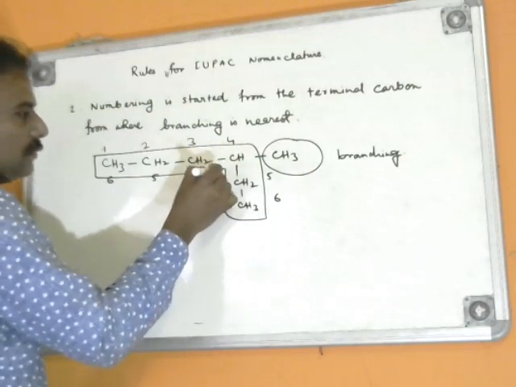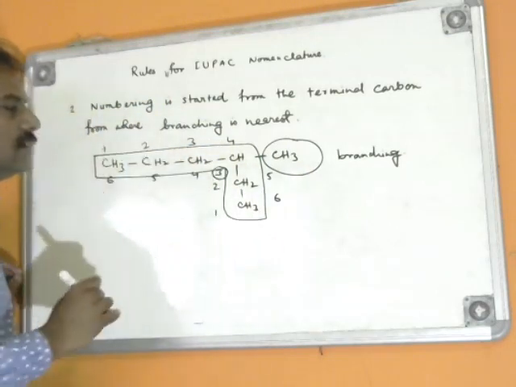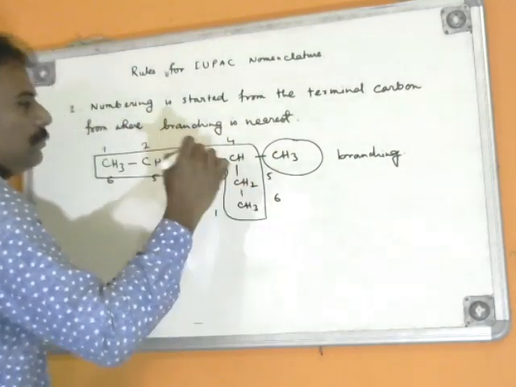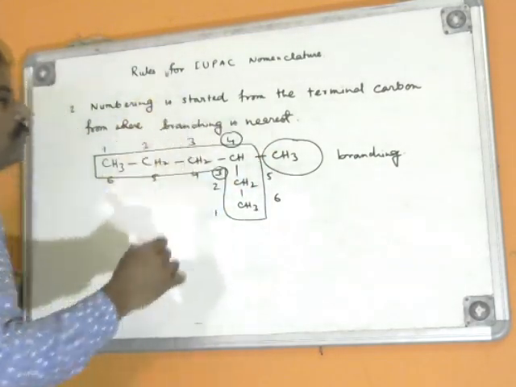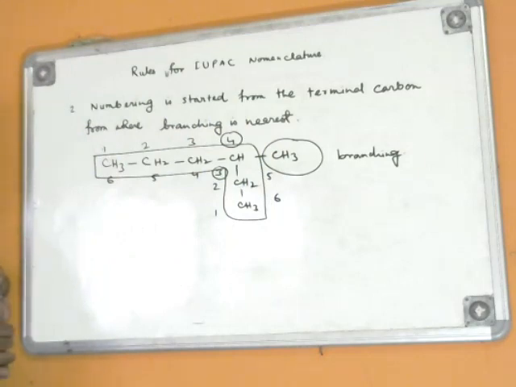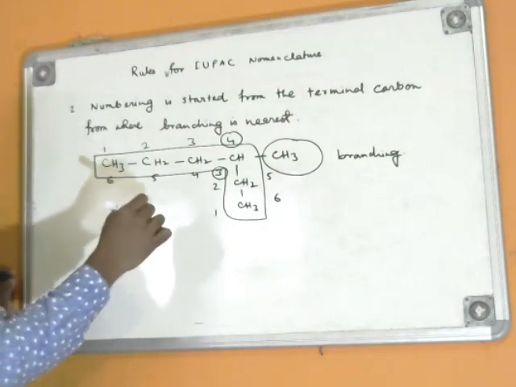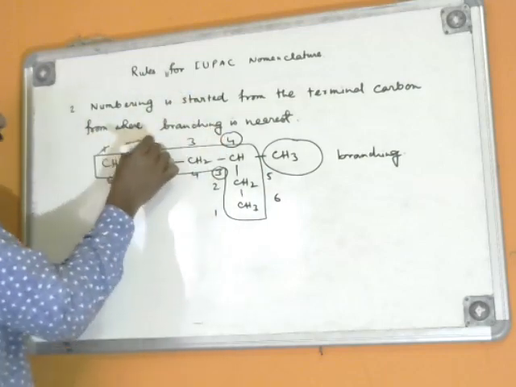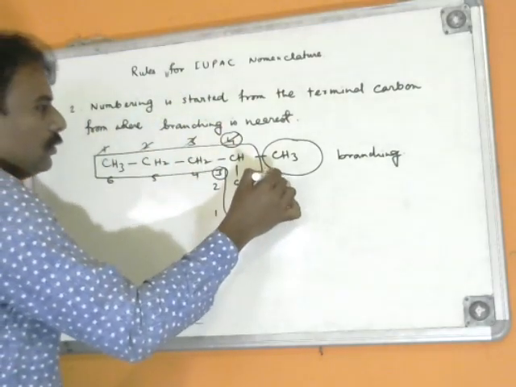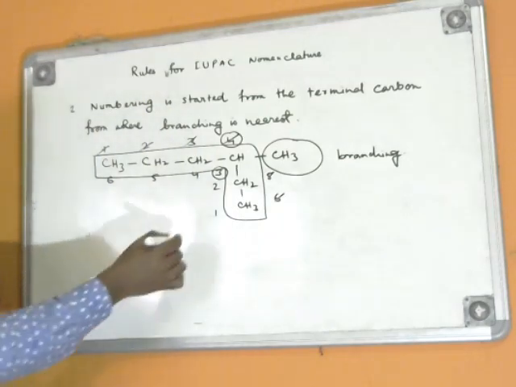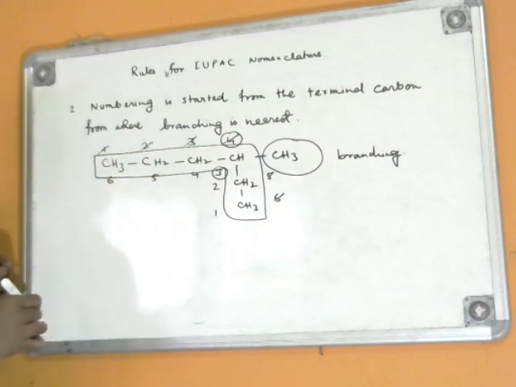In this system, the branching is at carbon 3, and in this numbering system, the branching is at carbon 4. So we have to consider the least number according to our rule. So this numbering will not be followed; this numbering we will follow. This was the second rule.